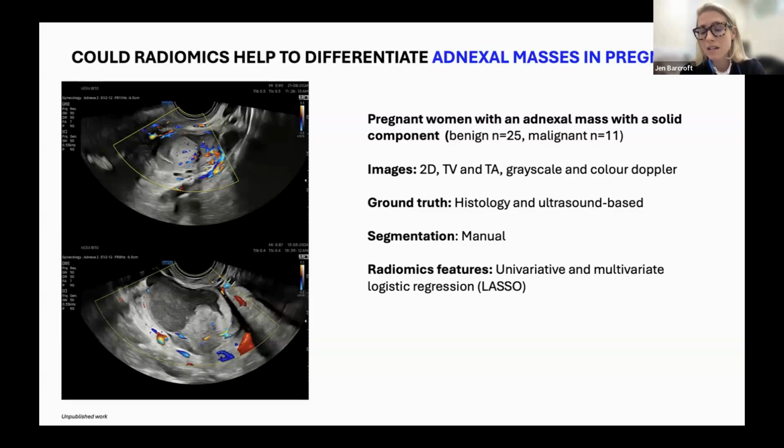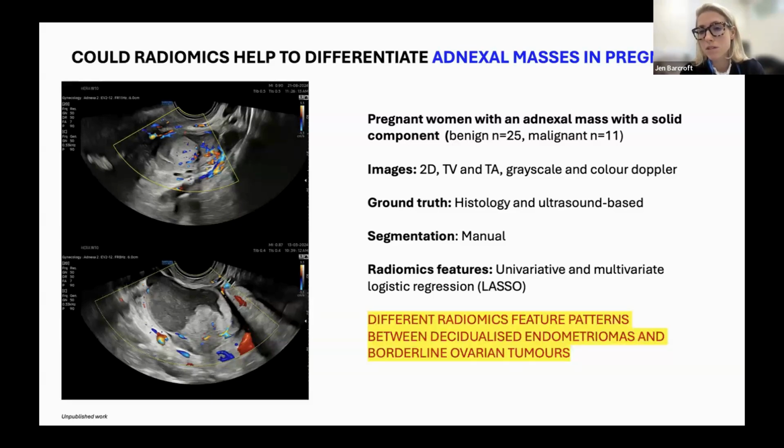So we looked at a subset of these masses. So we looked at masses with a solid component and did a manual segmentation of the lesions, extracted the radiomics features, and then ran a univariate and multivariate logistic regression to work out, is there a difference in radiomics features patterns between those with a benign mass, so a decidualized endometrioma undergoing physiological changes, or a borderline, so a malignant process within pregnancy.